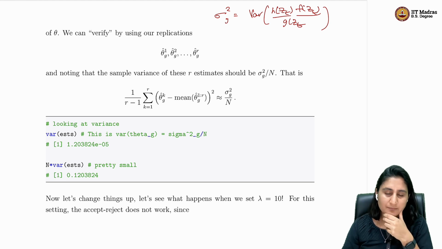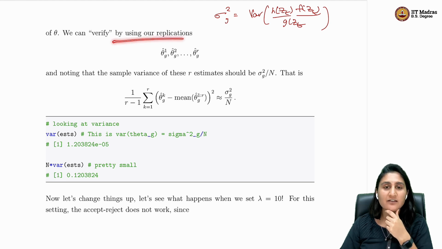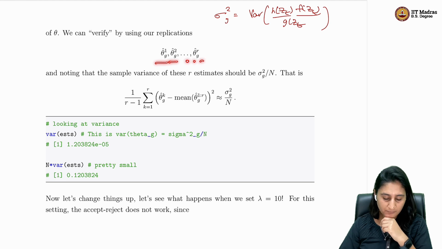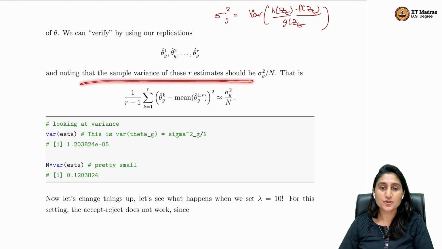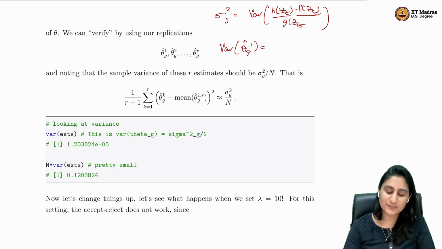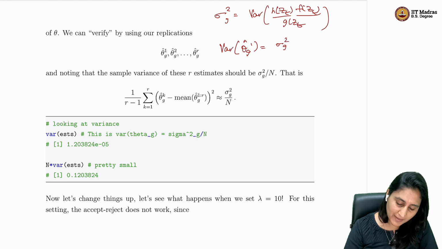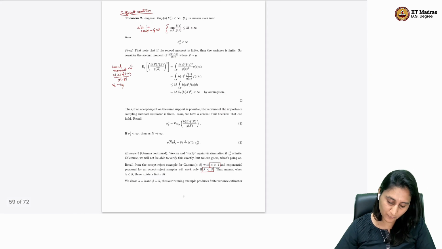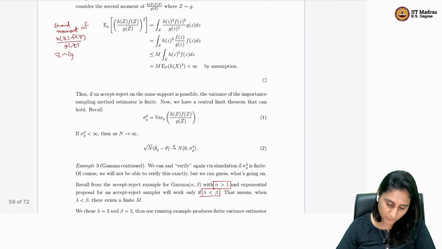I will have to do something repeatedly. So we can verify this by using our replicate. So we get theta hat g^(1), theta hat g^(2), and so on, noting that the sample variance of these R estimates should be sigma squared g by n. The reason is that the variance of theta hat g^(1) or any of these is sigma squared g by n. This is what we had shown a few minutes ago, right? So if we go back, we showed, no, not here.